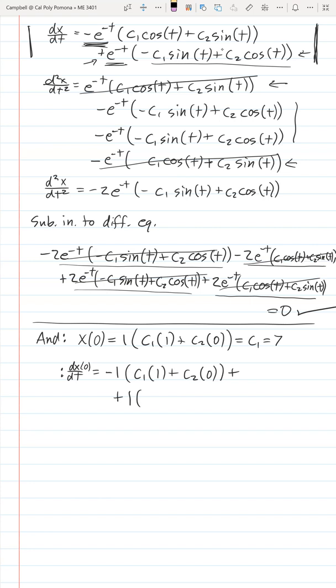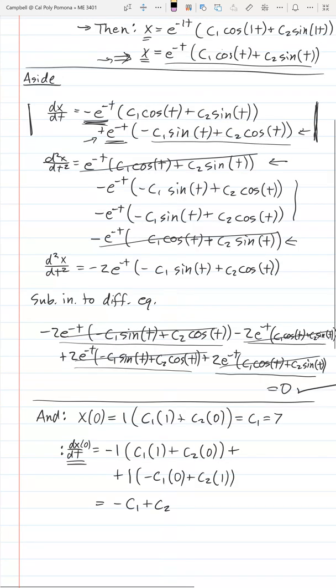Now times a negative 1 times sine of t equals 0 is just going to be 0, plus C2 times cosine of t equals 0 is just 1, and close parentheses. And so we can see pretty quickly that we're going to end up with a negative C1 plus C2. And that is equal to the initial value of the derivative.